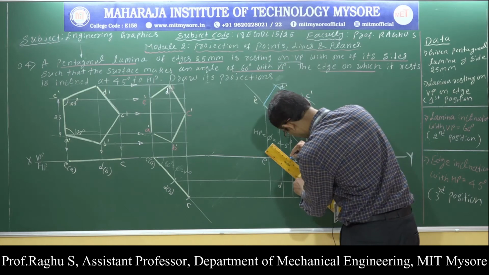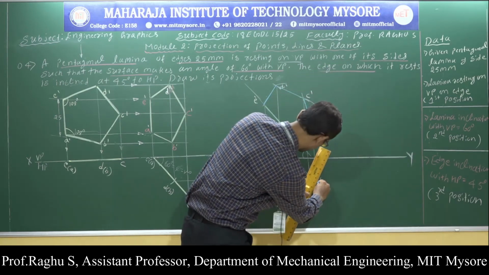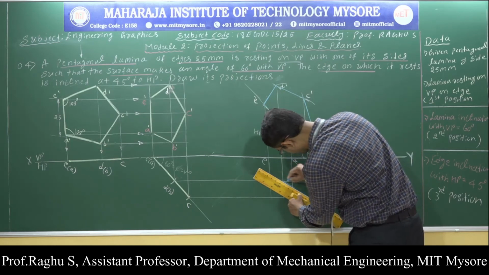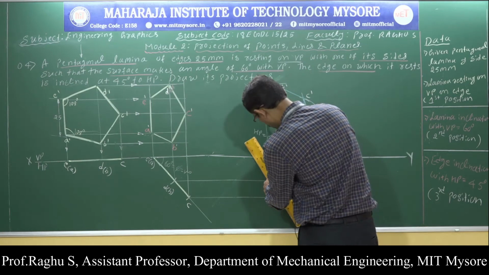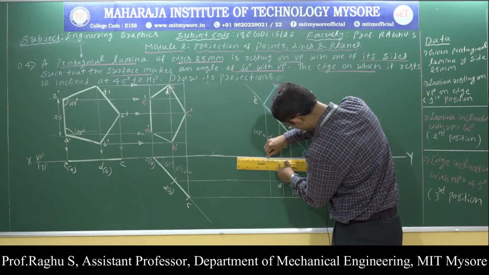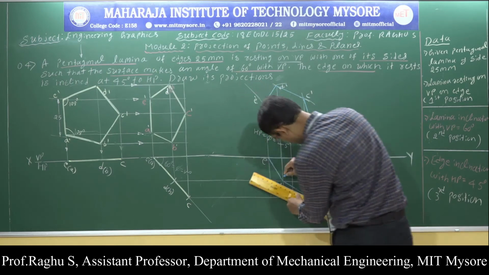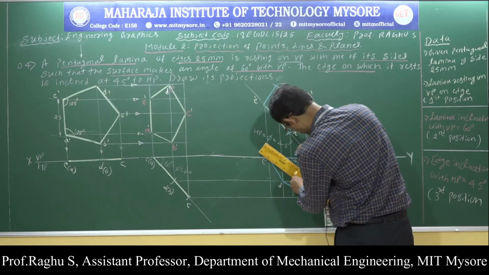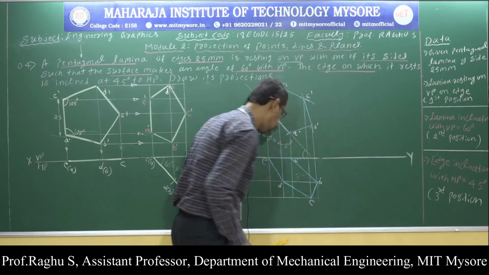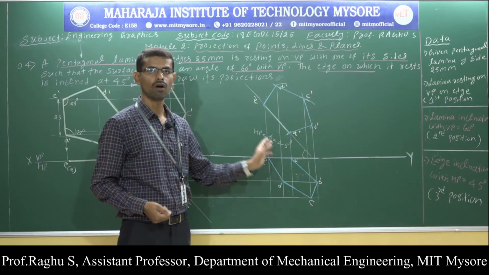So connect A to B, then B to C, then C to D, then D to E. So finally E to A. Okay, so this is the final position of the pentagonal lamina.